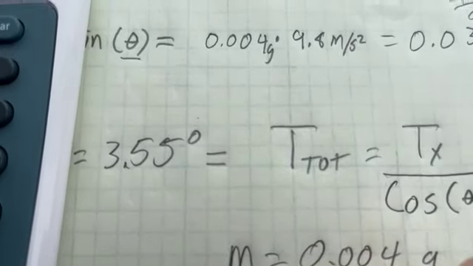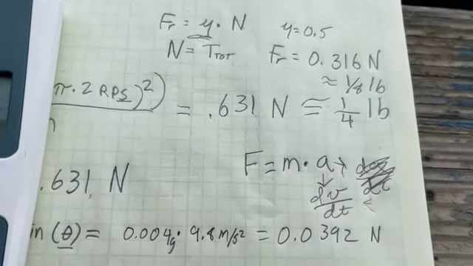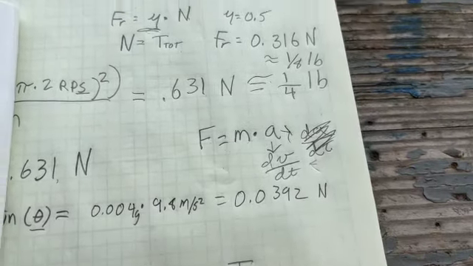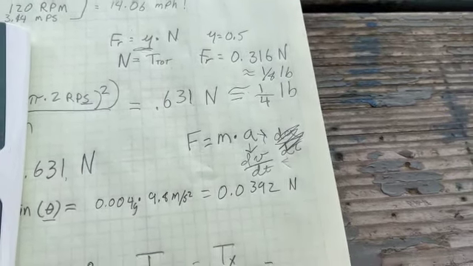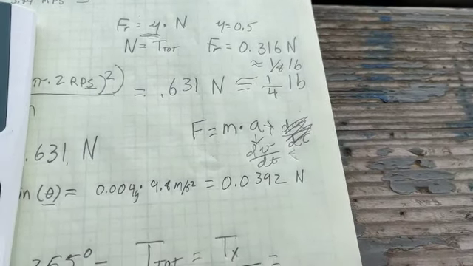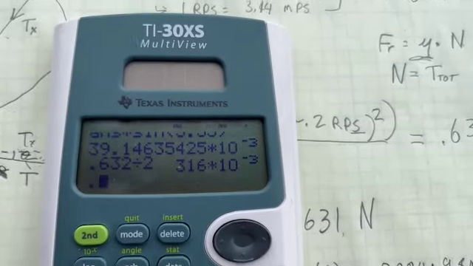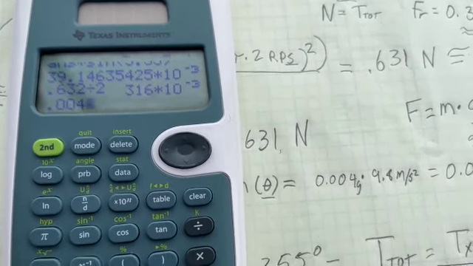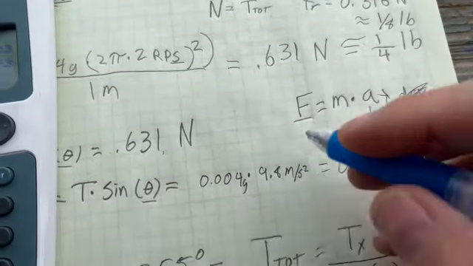This is going to be a negative acceleration. So we're going to divide negative 0.316 newtons, and this is going to give us something in units of meters per second squared. So let's take a look. Mass, because remember, we're looking for that. Oh, I got it backwards again.